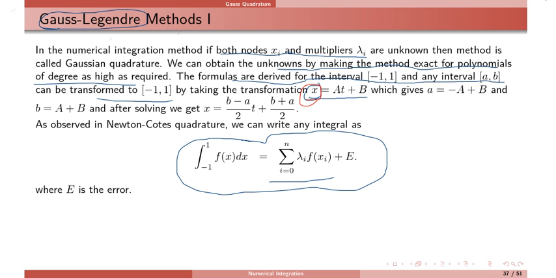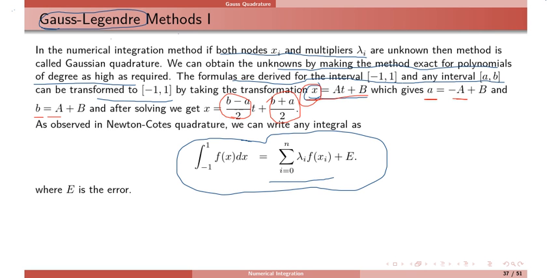Just take the equation of line x equal to At plus B. When x equal to a, t is -1, and when x equal to b, t is +1. If you solve these equations for capital A and capital B, you get capital A equal to (b minus a)/2 and capital B equal to (b plus a)/2.